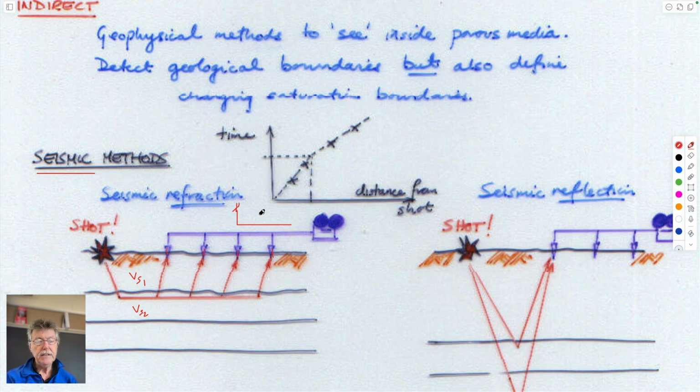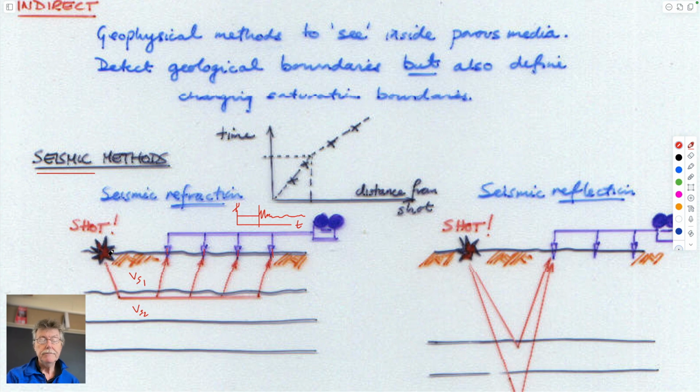So this would be displacement versus time. An earthquake comes, and all of a sudden you get a seismic wave which damps out over time. So this gives you a first arrival, the time when it arrives from being shot off.